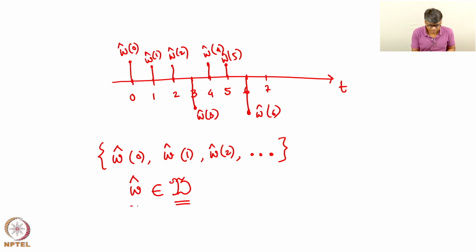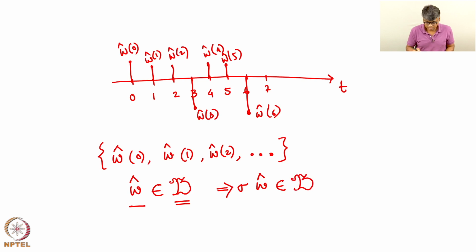Then from this information that w hat is in B, I can immediately infer that w hat shifted by 1 unit, one left shift by 1 unit, must also be a part of the behavior. What does that mean?